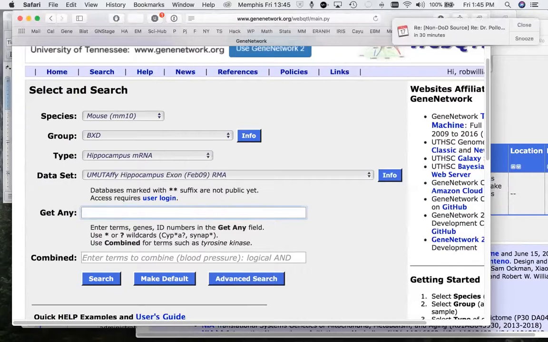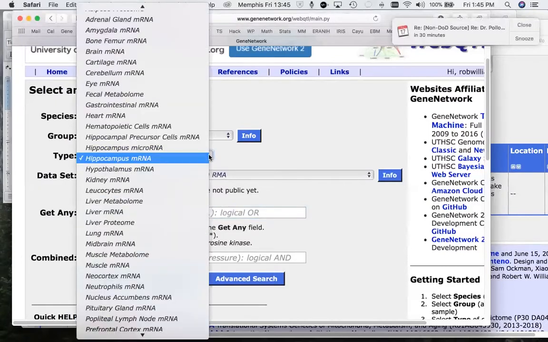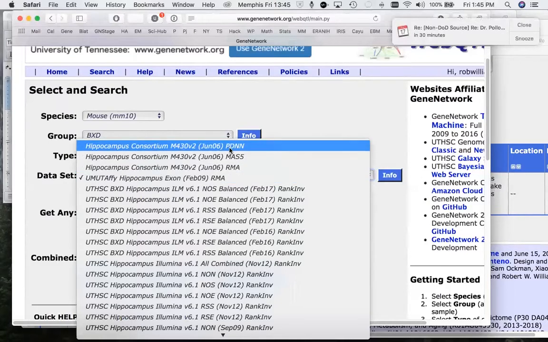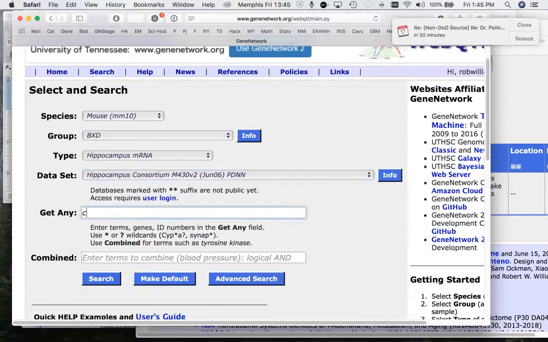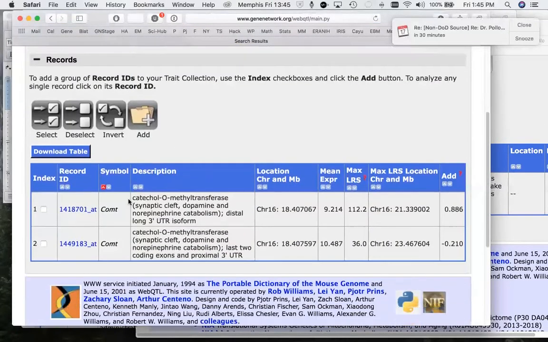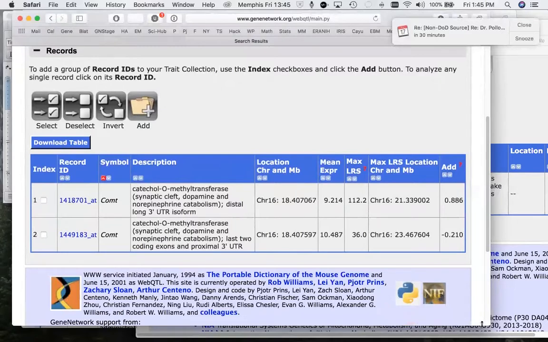And let me give you a good example. Let's have a look at catechol O-methyltransferase that I mentioned before. So I'm going to look at the expression level of catechol O-methyltransferase in hippocampus.